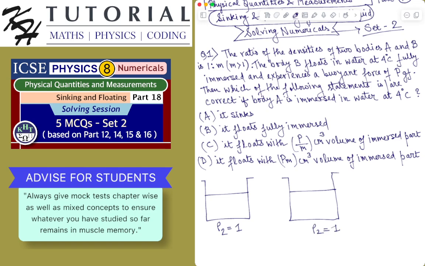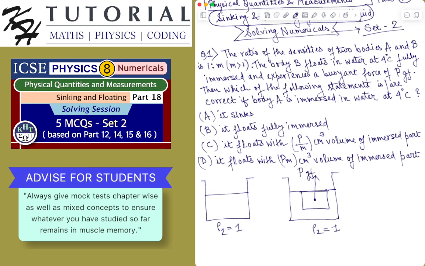Now regarding body B, it is said that the body B floats in water at 4 degrees centigrade, fully immersed. Okay, so this is the scenario. It is fully immersed and experiences a buoyant force of P GF, meaning gram force.